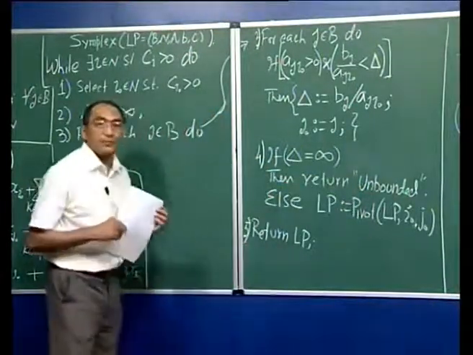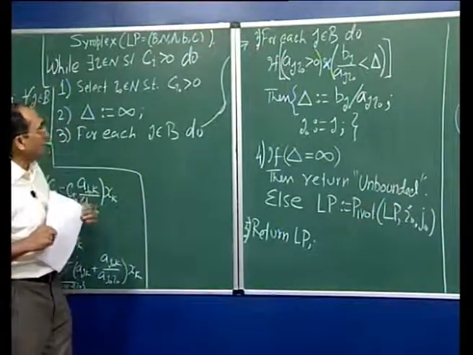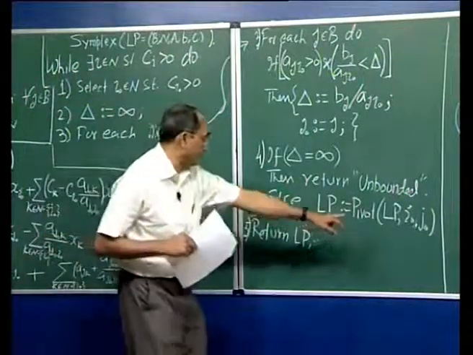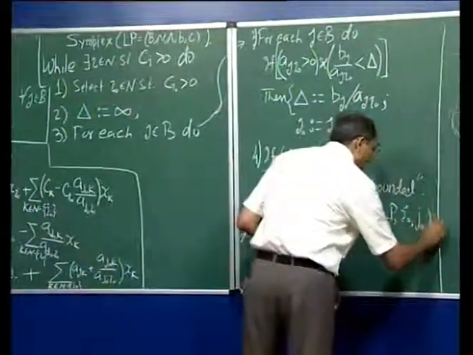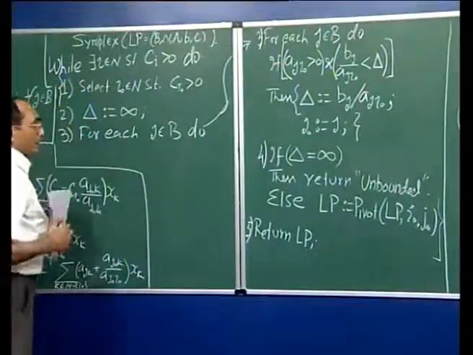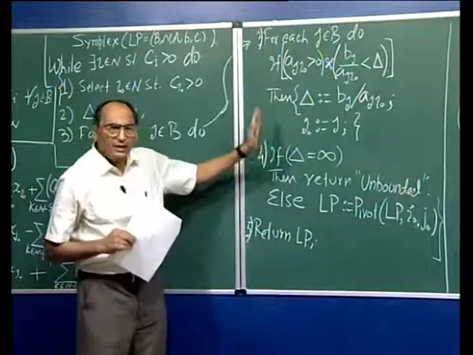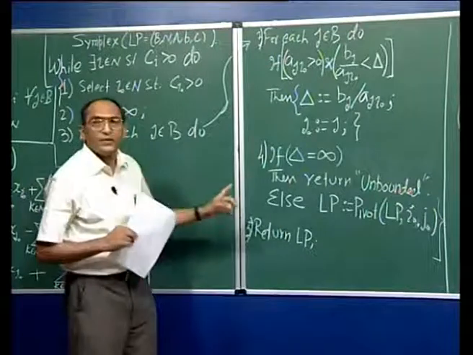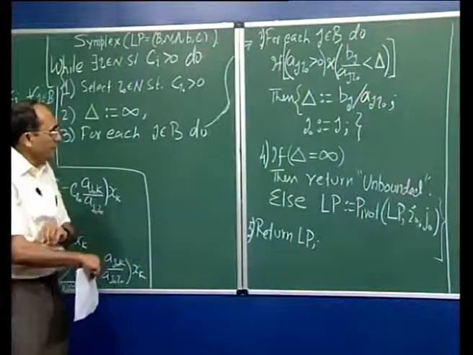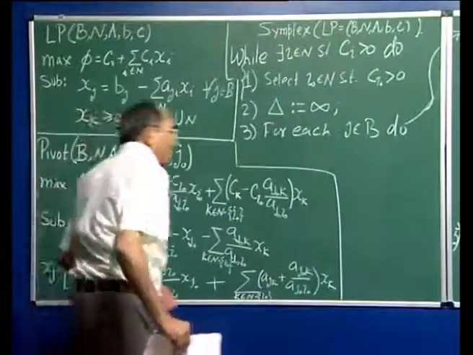But then there is a third possibility. The third possibility is that this while loop, remember the while loop terminates here, somehow does not end and goes into an infinite loop. If it goes into an infinite loop, then we will have a series of linear programs.